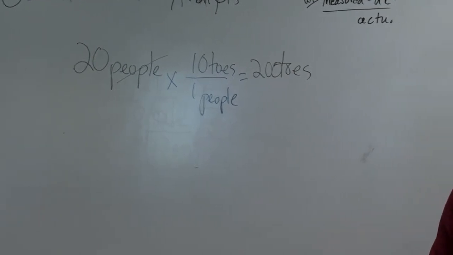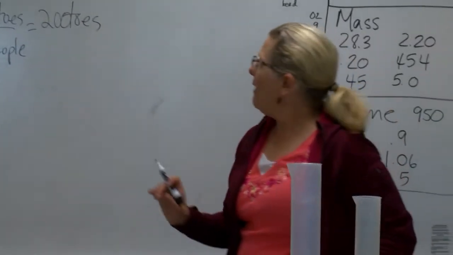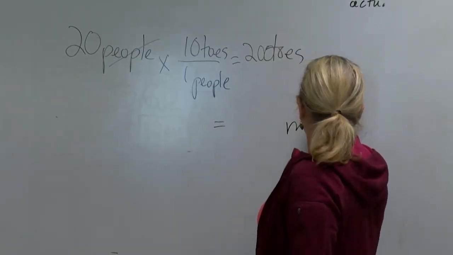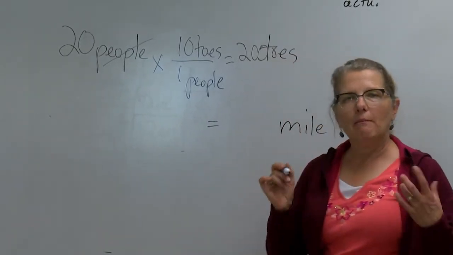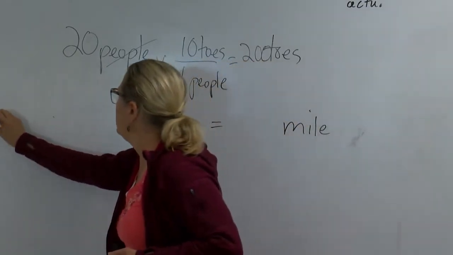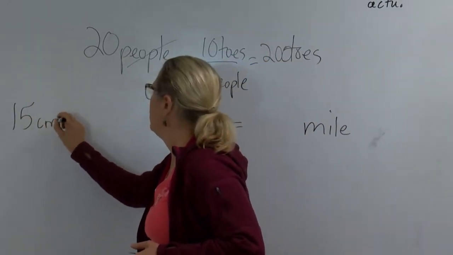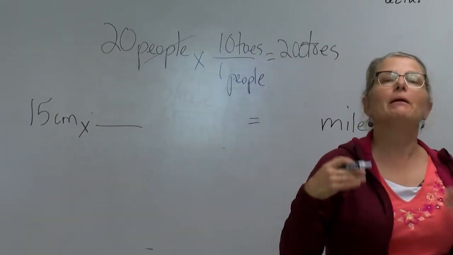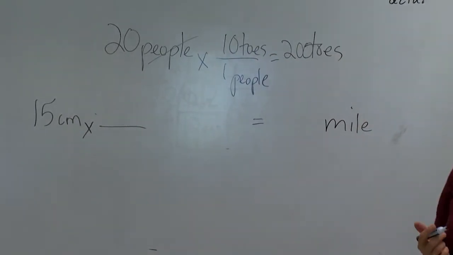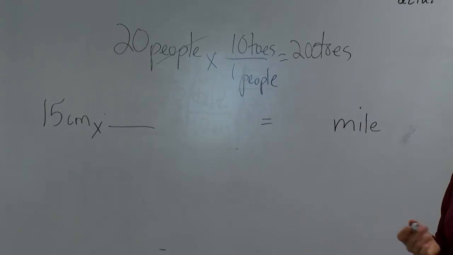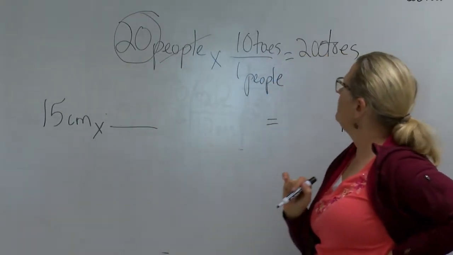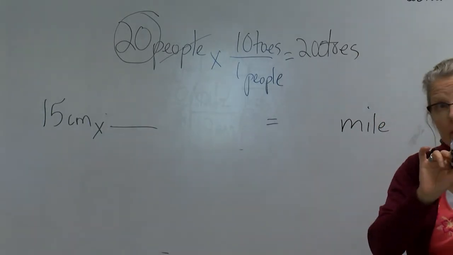All right, so let's say that we made a measurement that was 15 centimeters. We measured something and it was 15 centimeters. And we want to know how many miles is 15 centimeters. Oh, by the way, how many significant figures are in this number? 2.